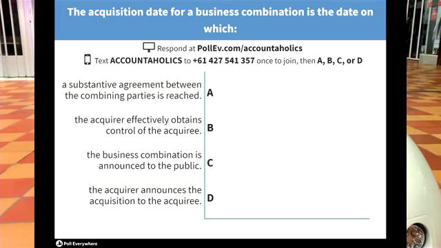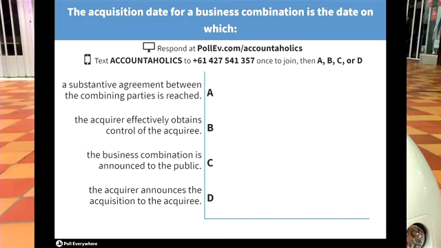It might be a substantive agreement reached date, but it may not be, right? We don't know, but we need to make sure that date is when the acquirer obtains the control, all right? So A is not correct, B is correct.